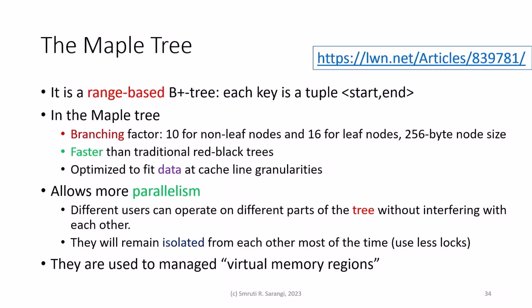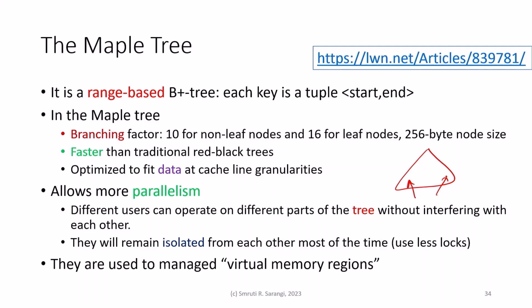And here the branching factors are hardwired, as I said, 10 for non-leaf, 16 for leaf. All the designs are made in such a way that the nodes of the tree nicely fit in cache line granularities. It does allow for more parallelism, because we minimize the chances of false sharing. And if it's a large tree, then different threads can operate at different parts of it in parallel.